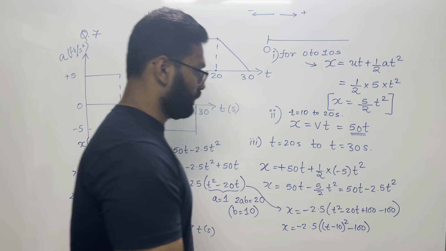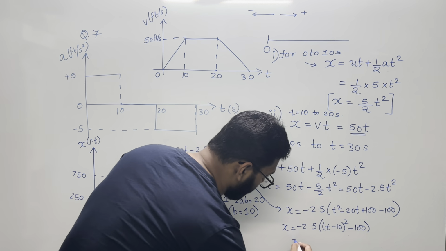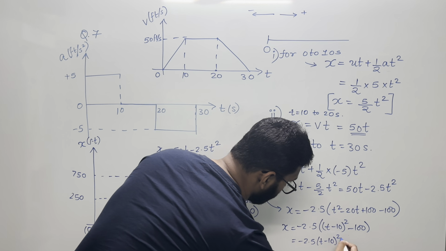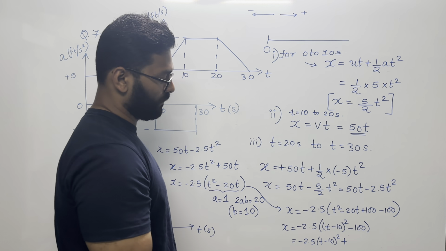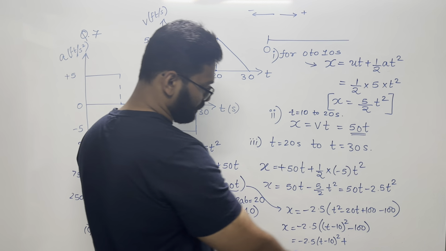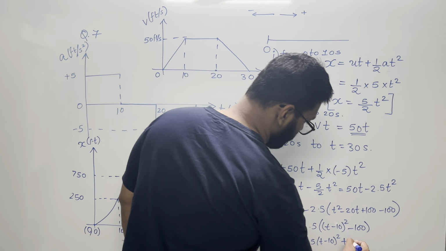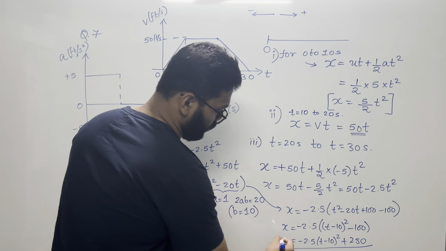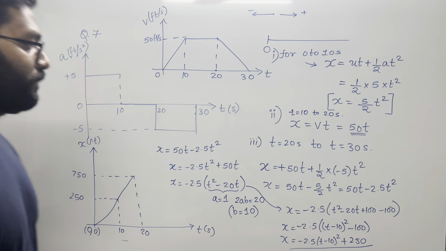If I multiply this again, minus 2.5 into t minus 10 whole square plus 2.5 into 100, which is 250. This is your x as a function of time.